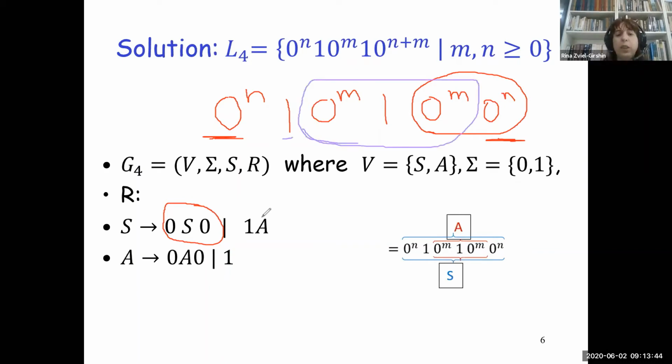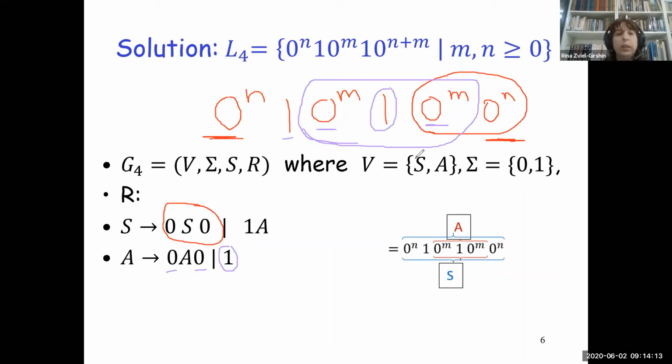So I will add an additional one and I will move to the new variable A, which will for each zero in prefix add an additional zero in suffix. So here we will have 0 in power of m, 0 in power of m, and when we want to finish, we will add 1 in the middle, which will be the second one in our string.